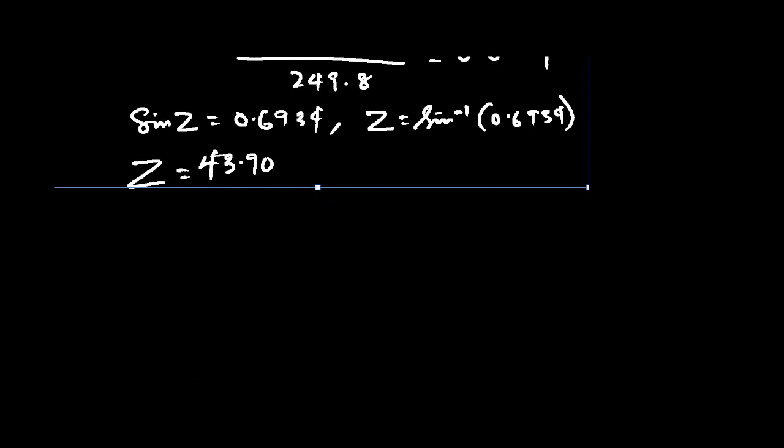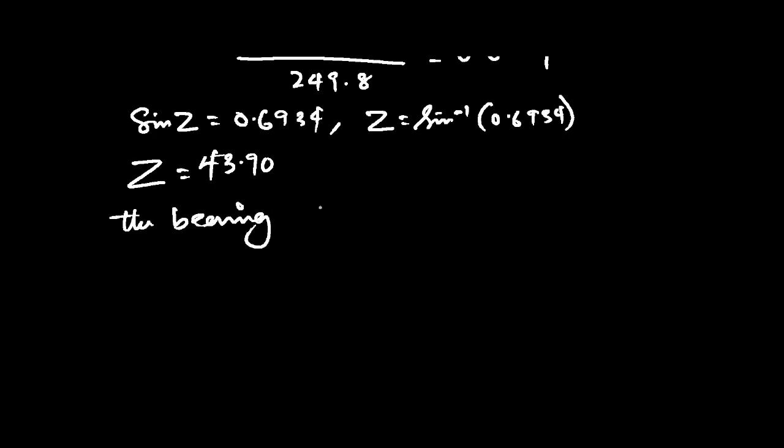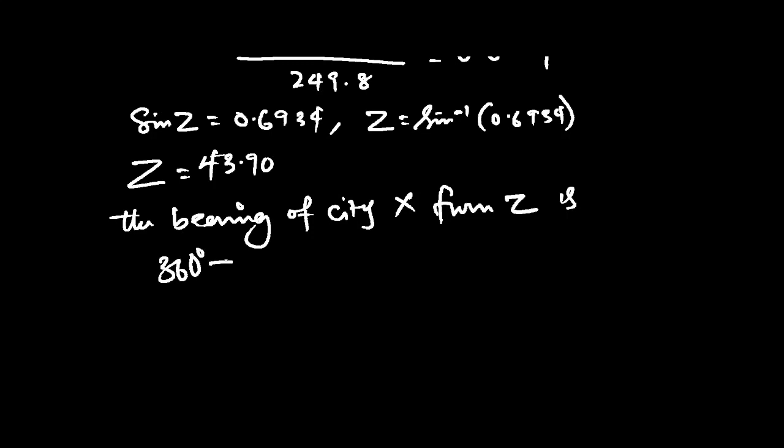I hope you understand that now. So the bearing of city X from Z is 360 degree minus 72 degree plus 43.9 degree.